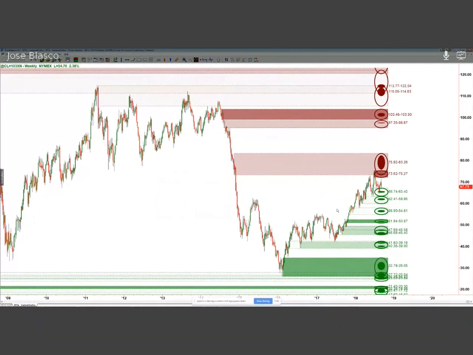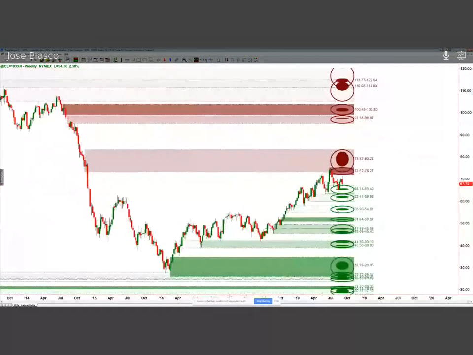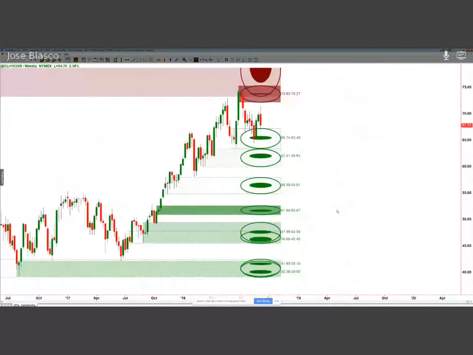It was identified, but notice how light of a color it is, meaning that the probability is very little. Okay, and here's why. If you dive deep into this region of price, which is the one here. Okay, that's the one we're talking about.